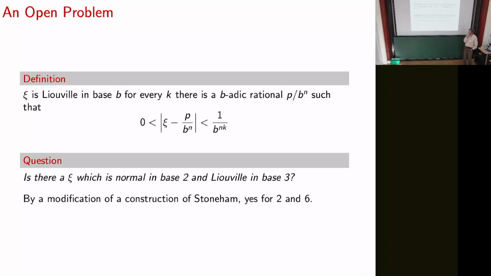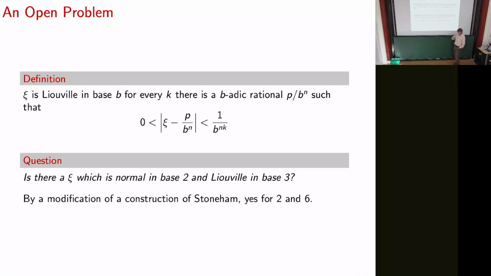You could restrict your Liouville number. Being a Liouville number means you have these nice rational approximations, for p over q, right? The distance between c and p over q is less than 1 over q to the k. And that's true for every k.